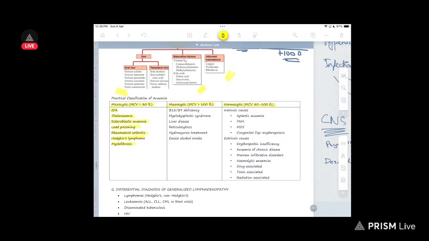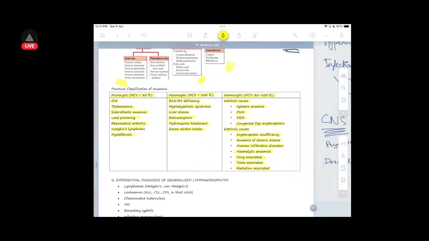Then you have macrocytic anemia, which is vitamin B12 and B9 deficiency, myelodysplastic syndrome, liver diseases, reticulocytosis, hydroxyurea treatment, and excessive alcohol intake. And normocytic, you have intrinsic causes, which is aplastic anemia, PNH, myelodysplastic syndrome, congenital dyserythropoiesis. Extrinsic causes: erythropoietin insufficiency, anemia of chronic diseases, marrow infiltrative disorders, hemolytic anemias, drug associated, toxin associated, and radiation associated, obviously.